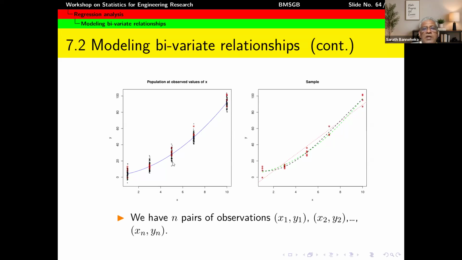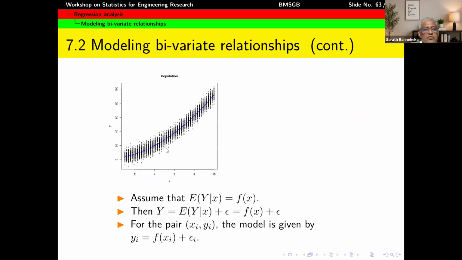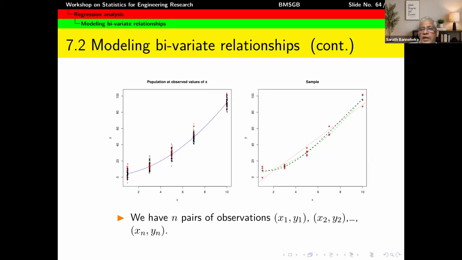But still, we think that the means of those populations are still given by a function f(x), right? So what we want to find out is actually this function here, f(x). What is this function f(x), right? In order to find that out, we will be considering several possible populations.